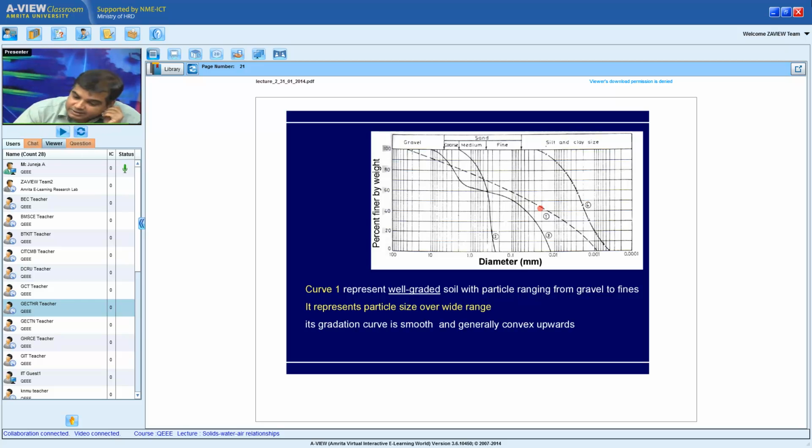The gradation is good in the sense that it represents more or less the entire range of particle sizes. I should mention that I could very well have reversed the axis, taking 100 on the other side and 1 micron on the other side. It is just the same.